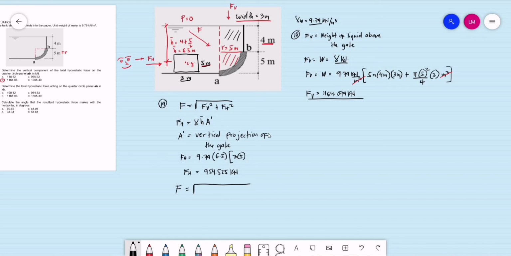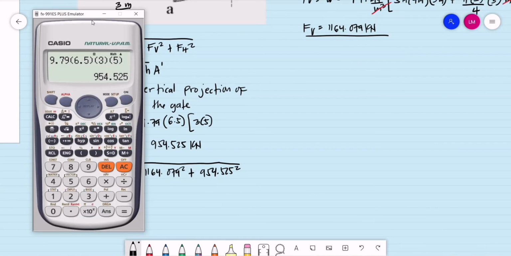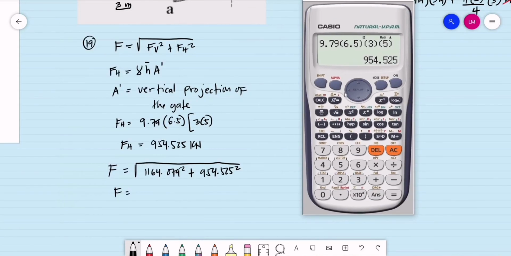So, computing for the total hydrostatic force, resultant yun ng dalawang component, F is equal to the square root of ano yung ating vertical component. The vertical component is 1164.079 squared. Horizontal component is 954.525 value squared. The total hydrostatic force is now equal to 954.525 squared plus 1164.079 squared, then square root.